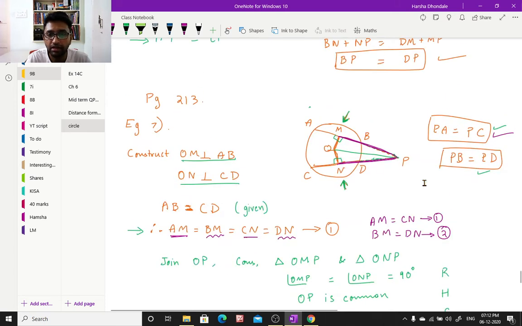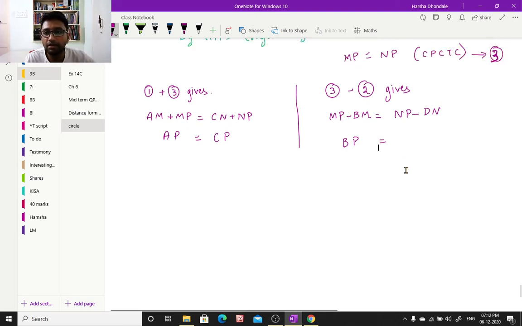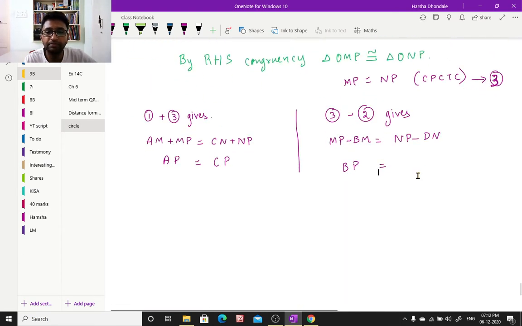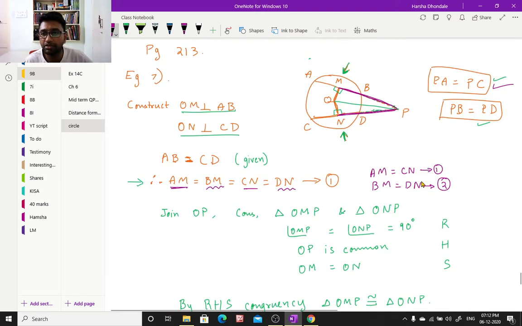See the diagram, it gives you BP, and NP minus DN gives you DP. So this is the second result that we are supposed to prove. The first result is this, and the second result is BP is equal to DP, or PB is equal to PD. Done. This is how you solve this question 7.